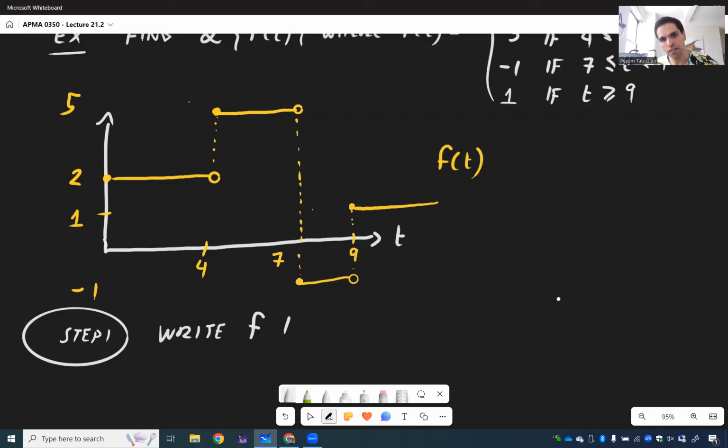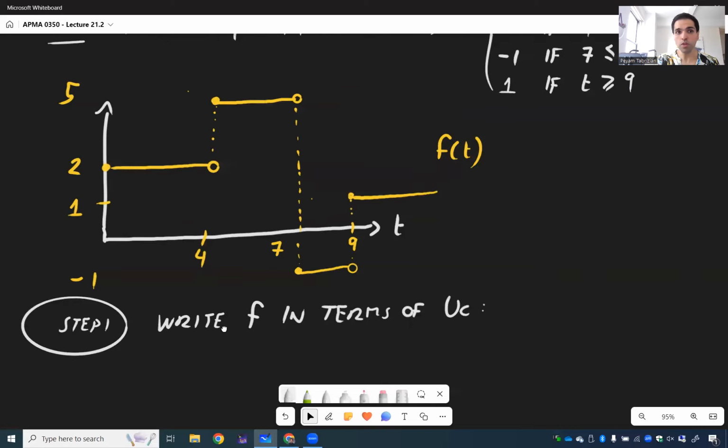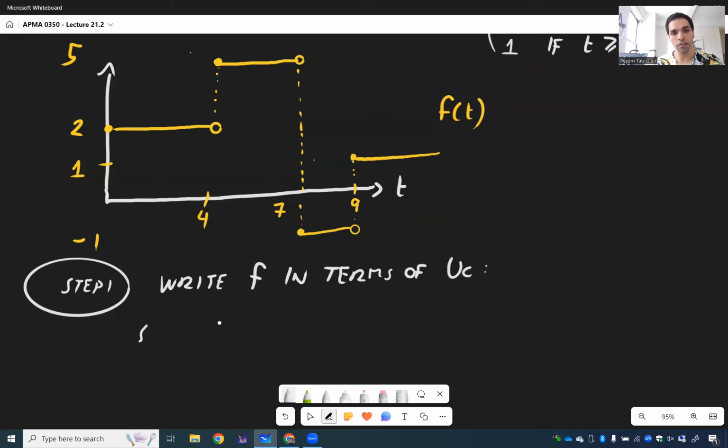Write f in terms of u_c. And we do it as follows. So we start with the initial value. Start with 2. And then all you have to do is figure out where you jump and by how much.